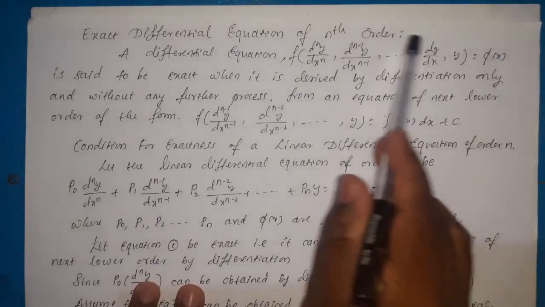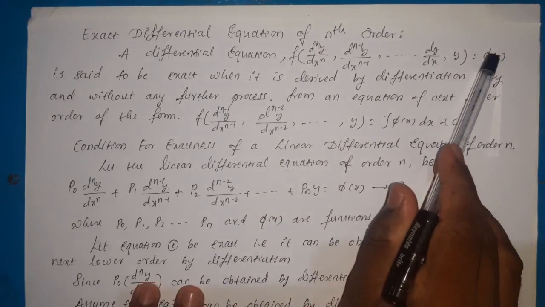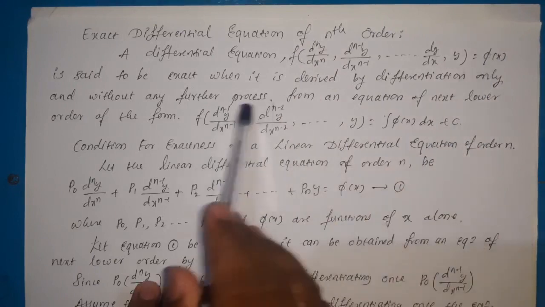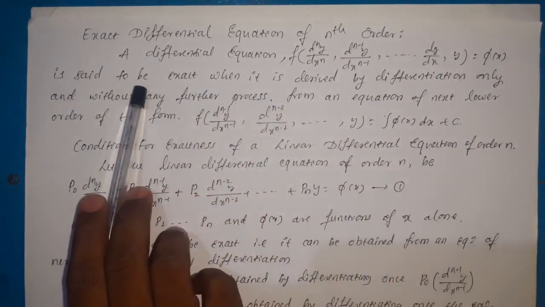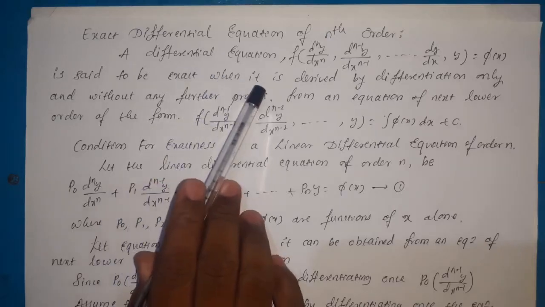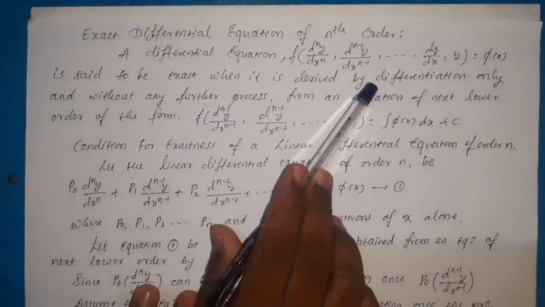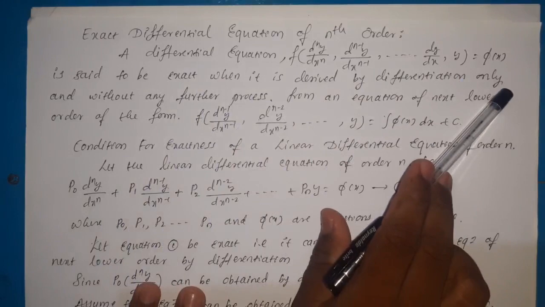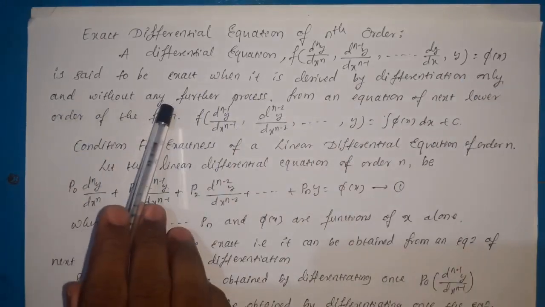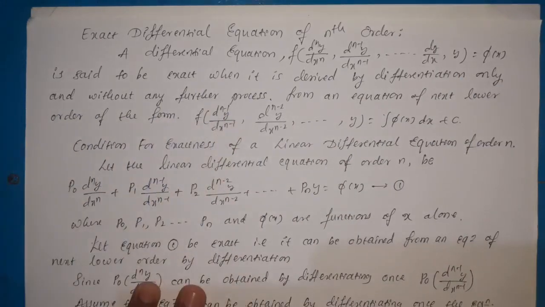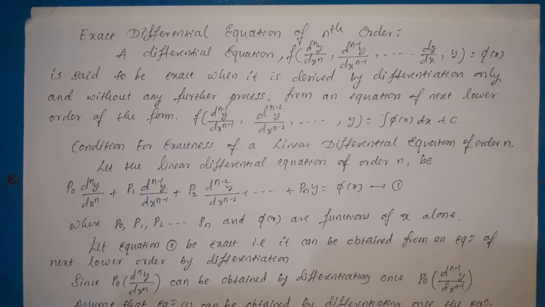Suppose this equation is said to be exact when it is derived by differentiation only, without any further process. That means the equation has to be derived only by differentiation, we should not perform any other operations, right? Then only is that equation called an exact equation.